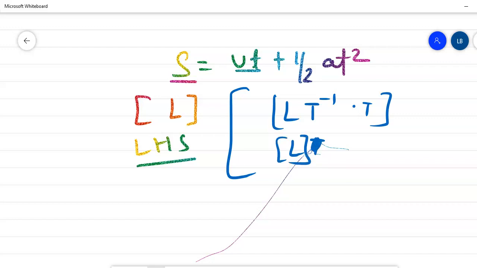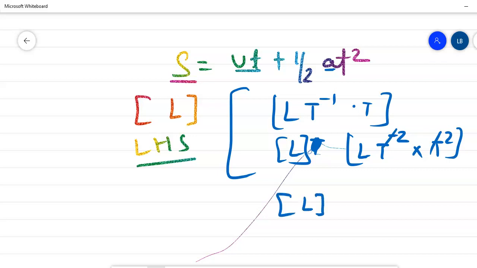And again, half a t square: A is L T minus 2, into T square, so T squared cancels. So on the RHS, for ut I got L, and for half a t square I got L. On the LHS also I got L. Don't get confused that a plus is there; I compare term wise.